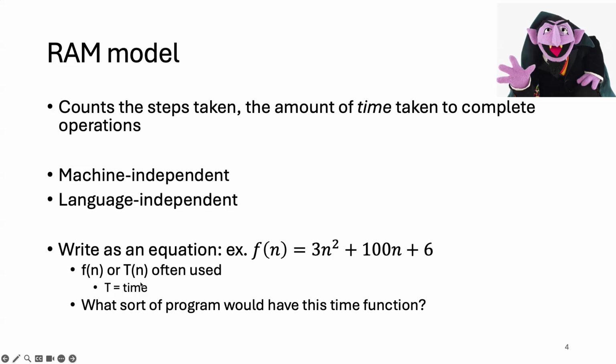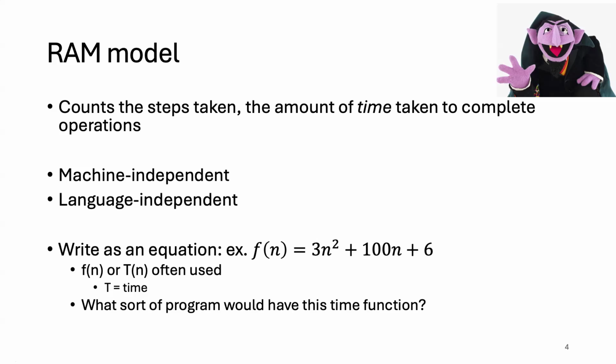When you look at equations like this in either the textbook or elsewhere on the internet, you'll typically see it in terms of like f of n or g of n or some other letter, or capital T of n, T meaning time. So we're trying to quantify how long is this program going to take.